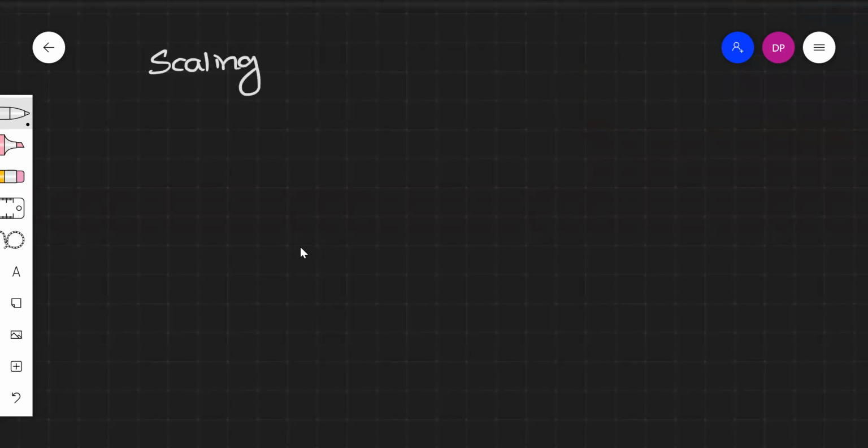This is an important mathematical operation applied on signals. We have two types of scaling because we can represent a signal with the help of an x-axis and a y-axis. We can scale the signal along the x-axis, the independent variable, and we can scale it along the y-axis also.